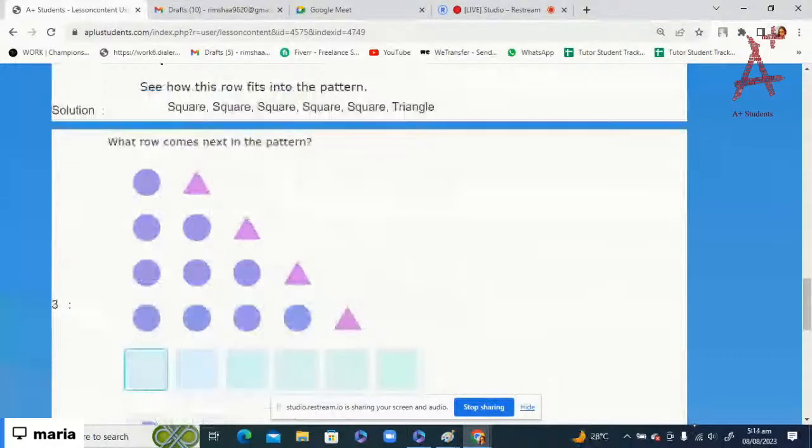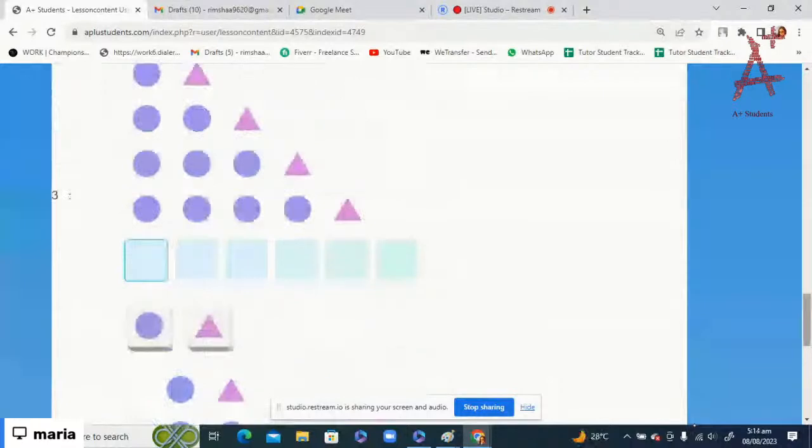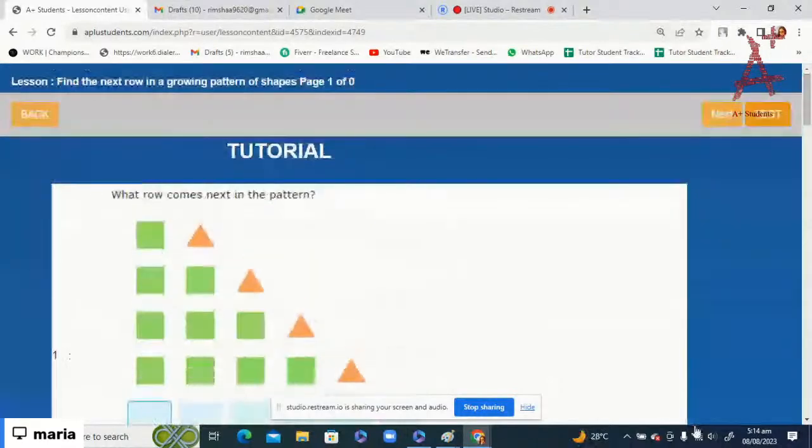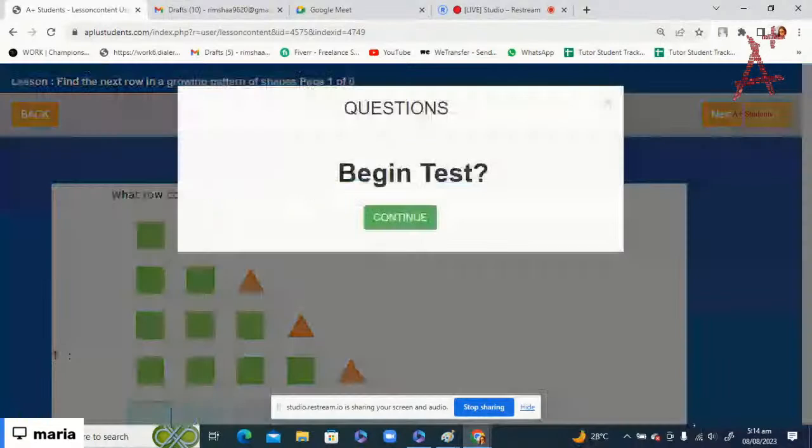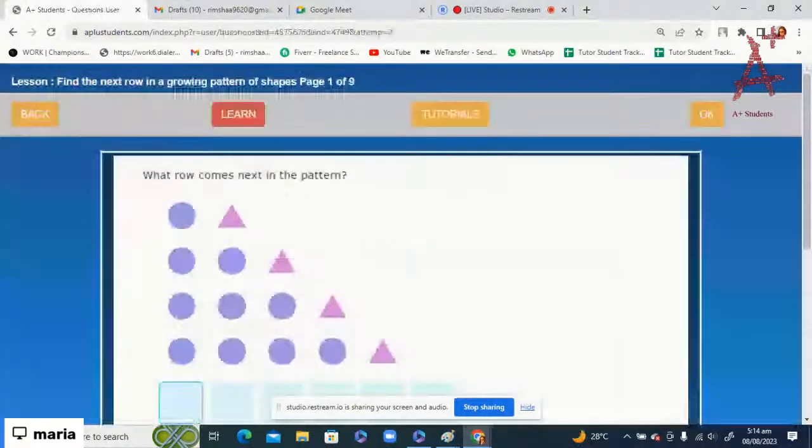Okay, that's it. Let's do the test for that because this is so easy. Now look here. What row comes next in the pattern?